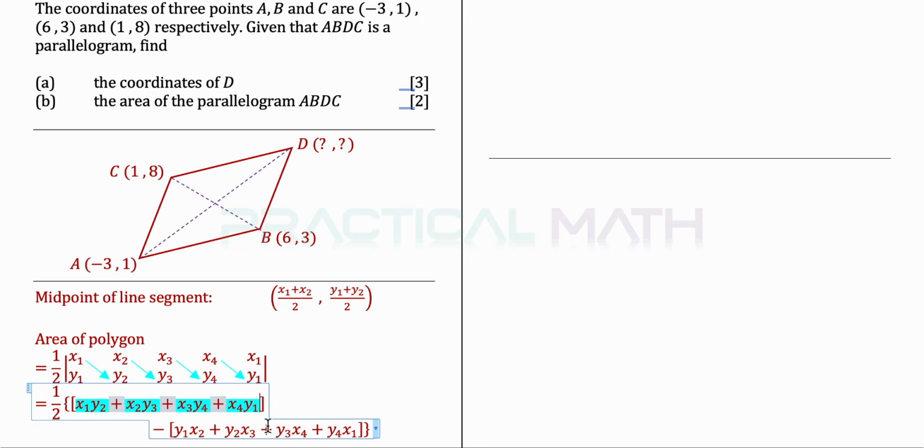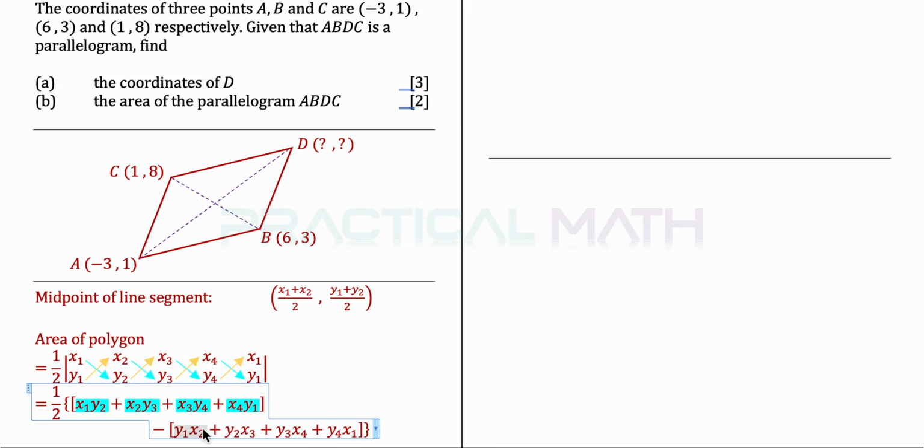Next, minus away the sum of multiplying upwards. So by multiplying upwards, we are referring to this part here, multiplying upwards like this. So it will be y1 x2, y2 x3, y3 x4, y4 x1. In this case, the one represented in yellow.